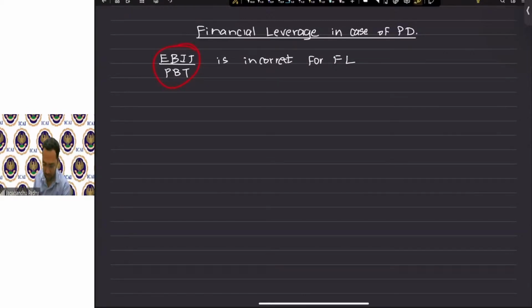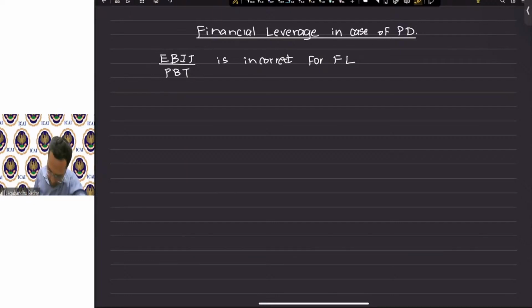EBIT upon PBT is incorrect for the financial leverage, right? We cannot use it because there is an additional layer of financial leverage getting added, which is the preference dividend.